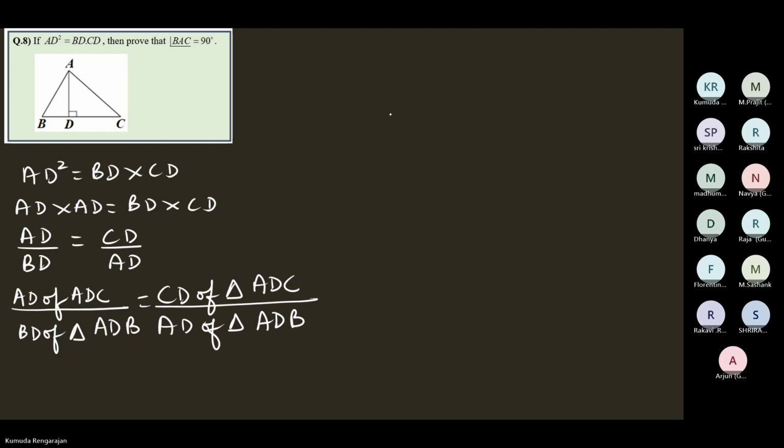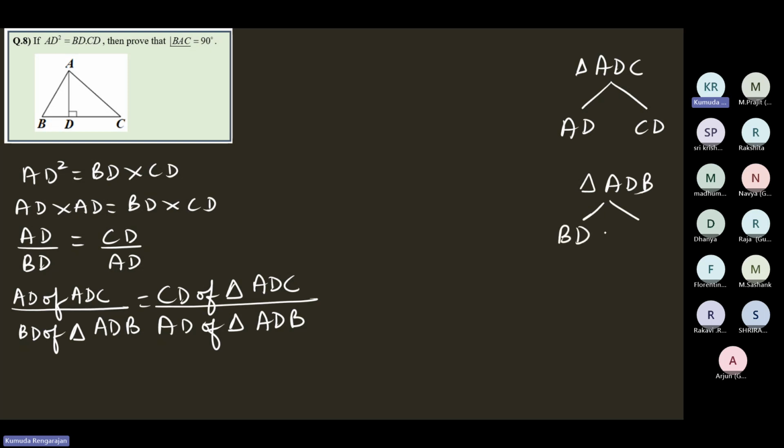Now when you take the triangle ADC, the two sides we have mentioned are AD and CD. And in triangle ADB, the two sides we have mentioned are BD and AD. So we have a proportion here. We need to show that the included angles in the two triangles are equal. Then by SAS, you can show that the triangles are similar and then prove that BAC is 90 degrees.